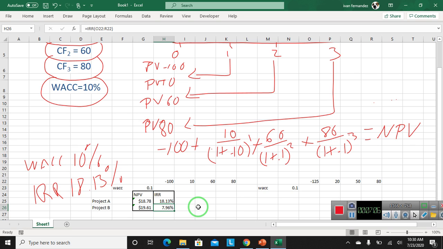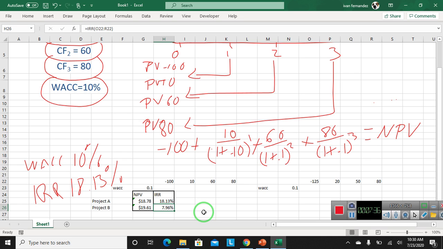So basically, it's going to cost you 2% more to raise that money than your return. So you're not going to make money. You're actually going to lose 2%, the difference between 10% and 7.96%. So if the IRR is less than your WACC, you reject that project immediately. Even if you're looking at a single project and it has an IRR that is under the WACC, you immediately reject it.